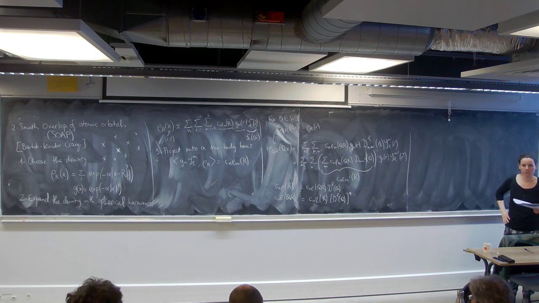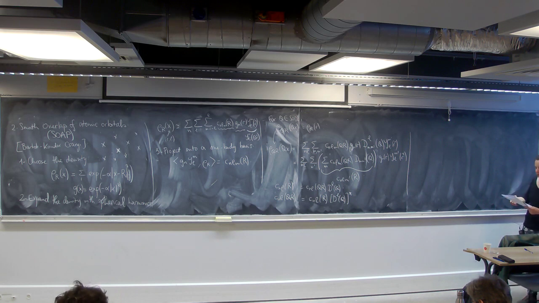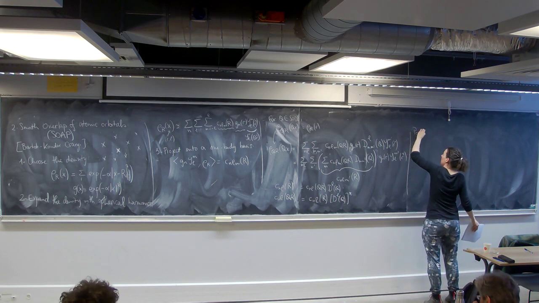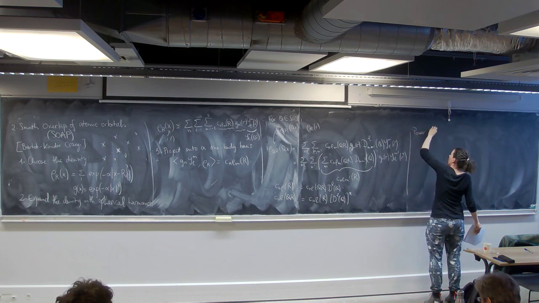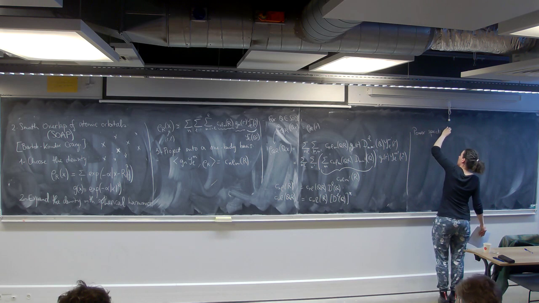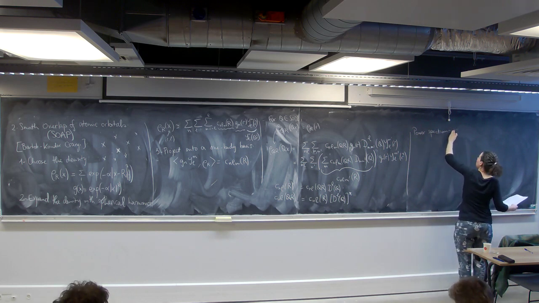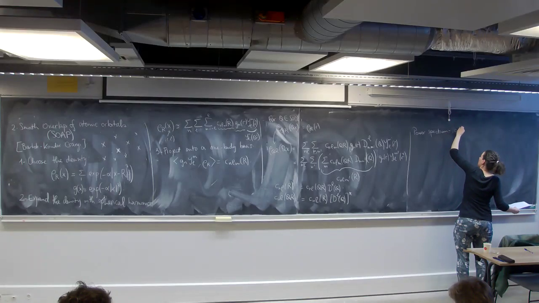Okay, and so from there, they construct two different types of descriptors. The first one is called the power spectrum, and is basically an order 2 correlation descriptor.